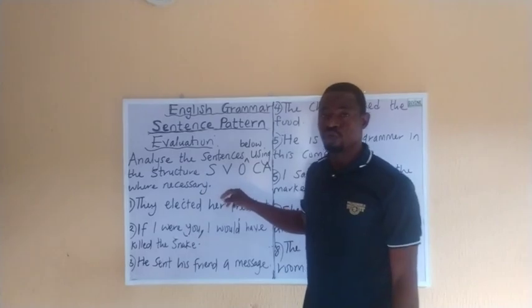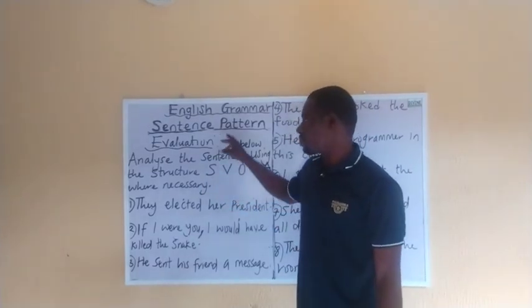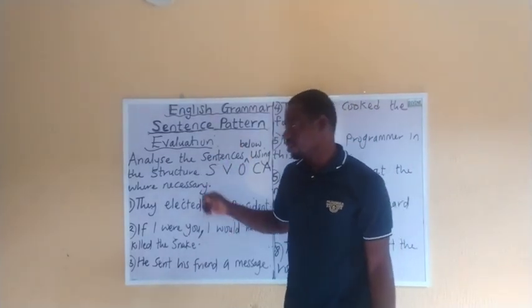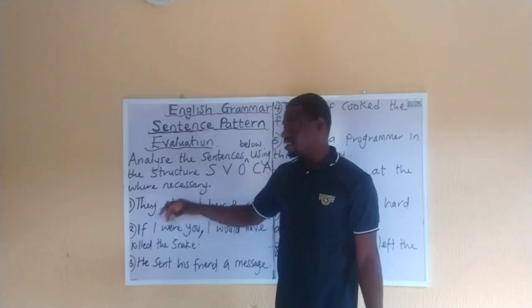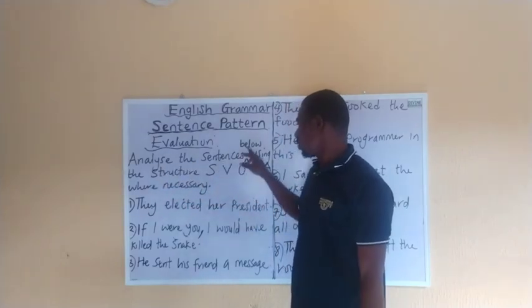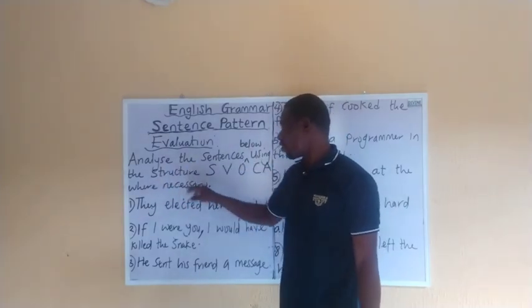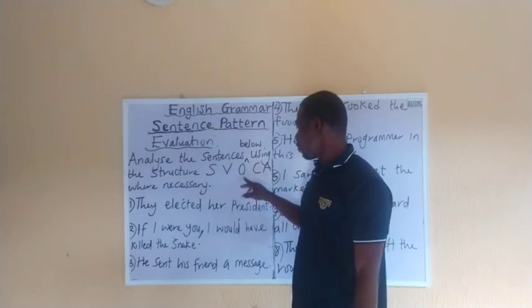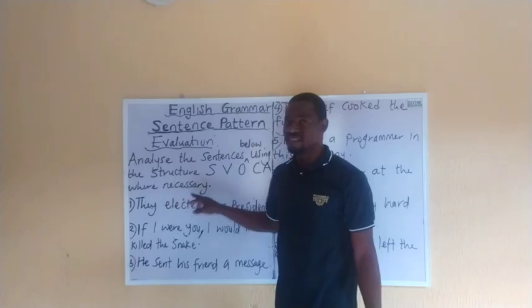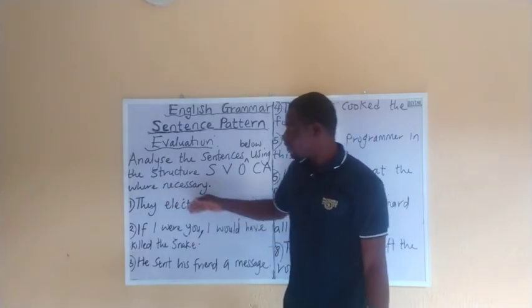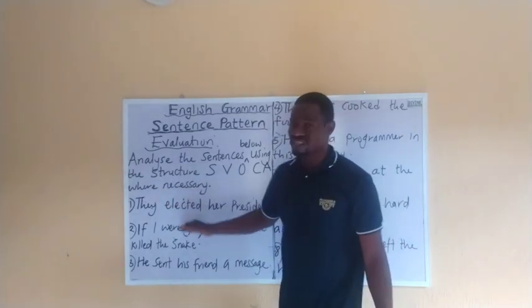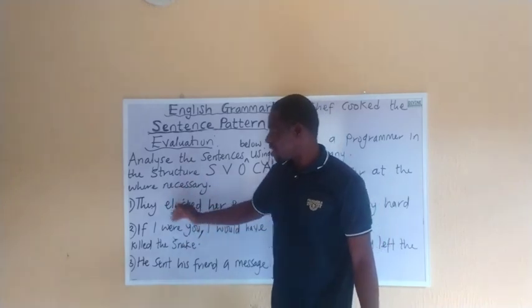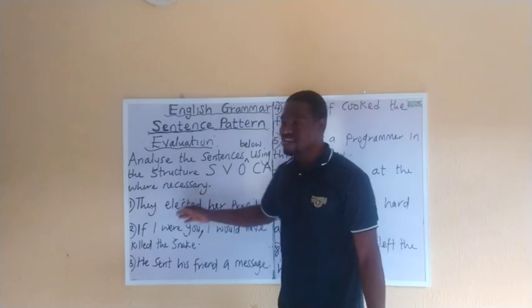We are going to conclude the topic sentence pattern with an evaluation. The question says, analyze the sentences below using the structure SVOCA where necessary. So we have 8 questions here. We are going to analyze them using the structure where necessary.